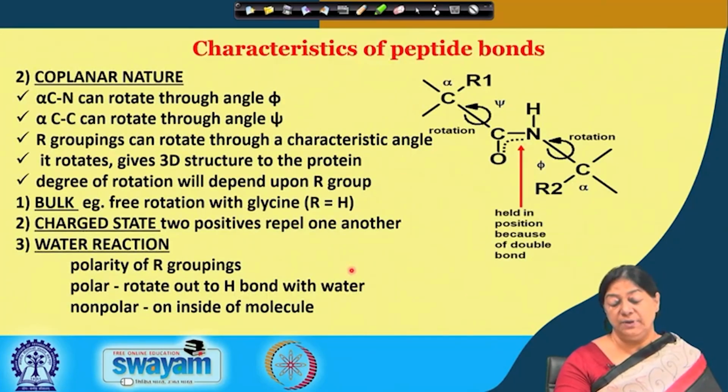We will look at this a bit more when we talk about rotation about the C bond here, that is the psi angle. Rotation about this bond, which is restricted, is called the omega angle. Rotation about the NC bond here is called the phi angle.